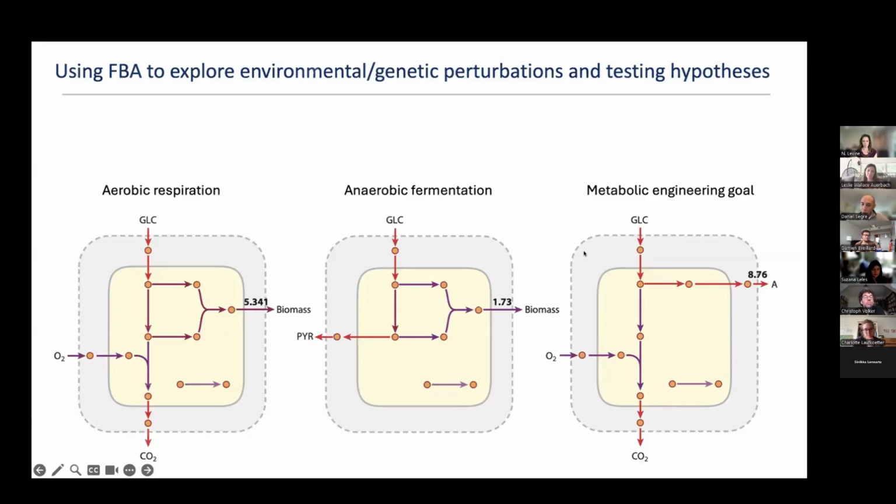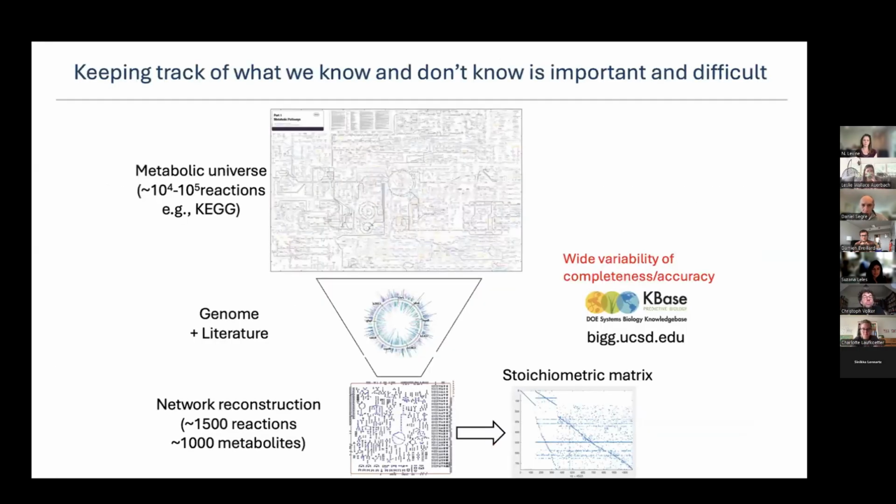So the encoding of information in flux balance models is a part of the question. The other question is how to use it to produce different phenotypic predictions. Now, the construction of models from genomes, and many of you are familiar with this, is a whole field now in itself, right?